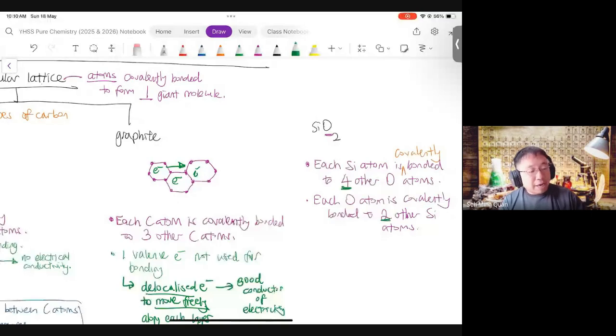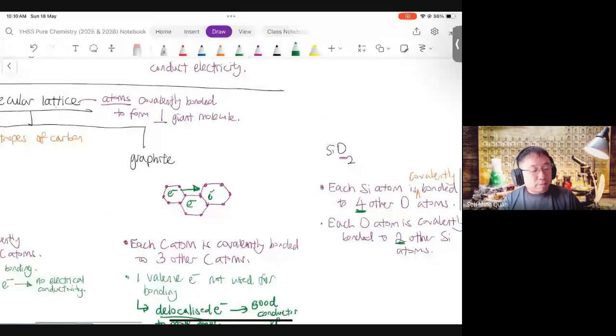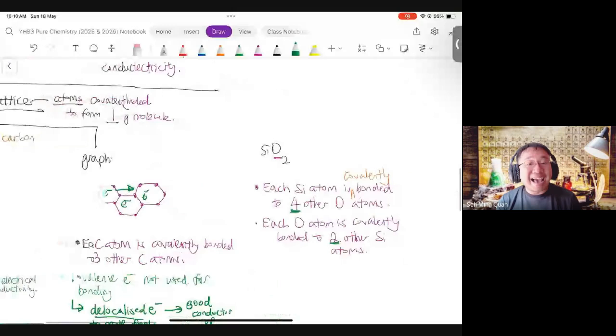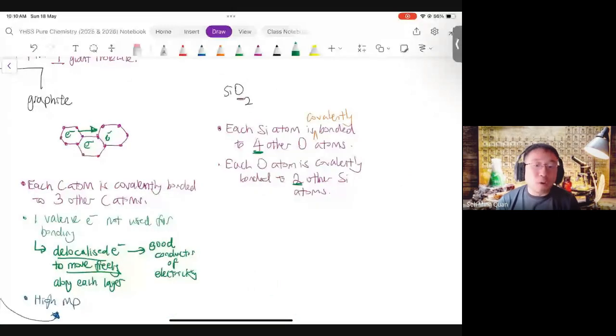Now, if you take a look at it, based on this description, definitely silicon has shared 4 valence electrons, meaning there are no valence electrons on silicon which are available for delocalization and to move freely. So from this, we can conclude there are no delocalized electrons that move freely.